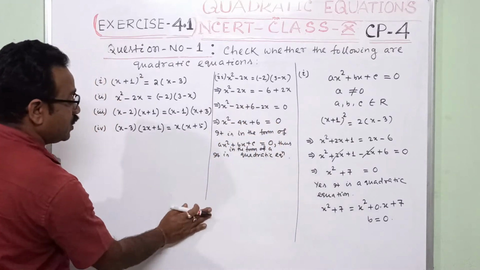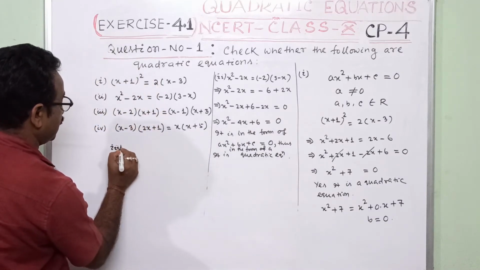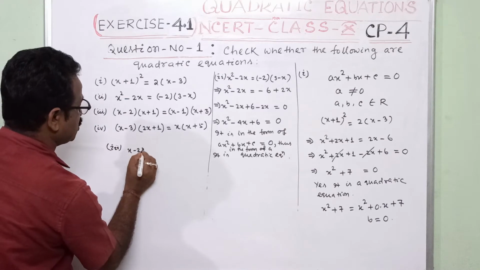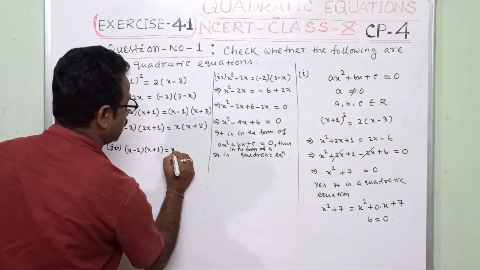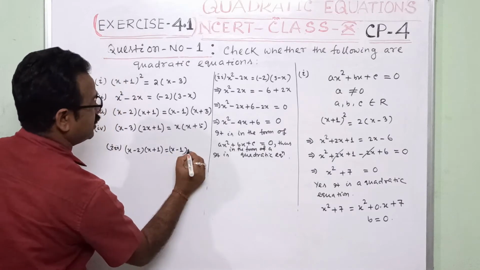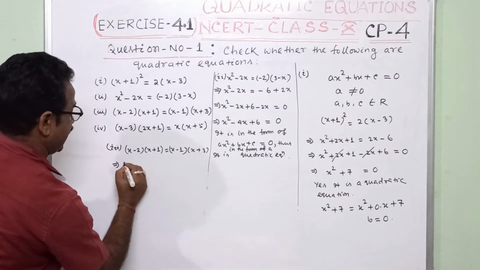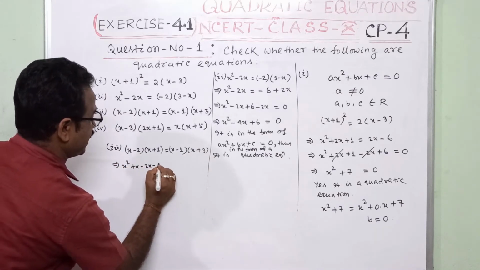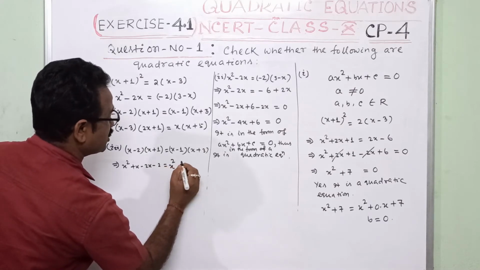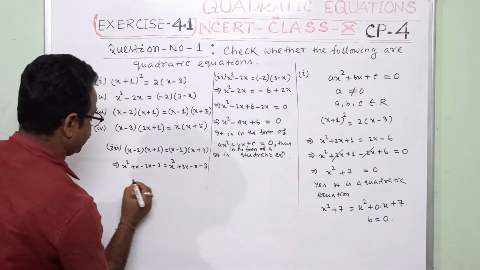Now move on to part 3. What is given? (x minus 2) into (x plus 1) is equal to (x minus 1) into (x plus 3). Now x square plus x minus 2x minus 2 is equal to x square plus 3x minus x minus 3.